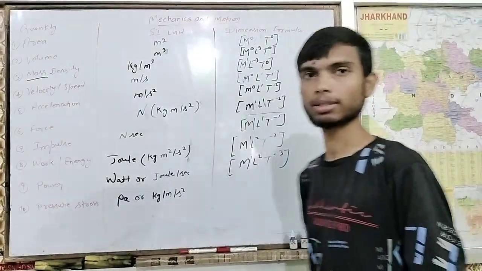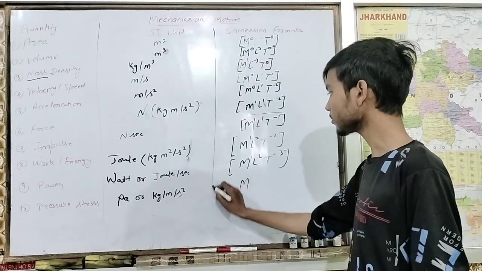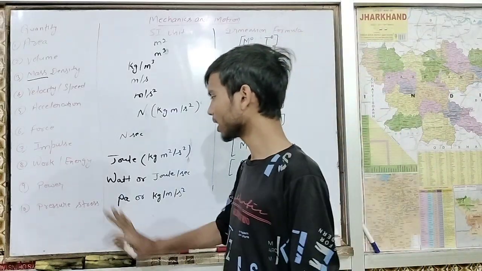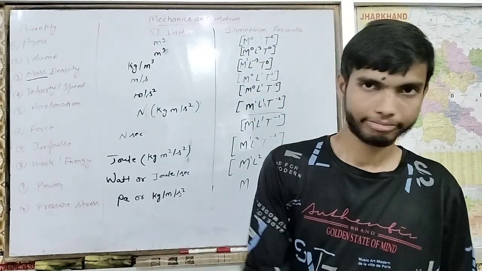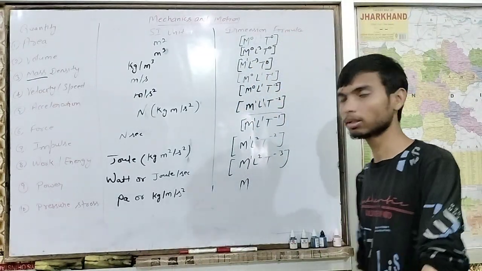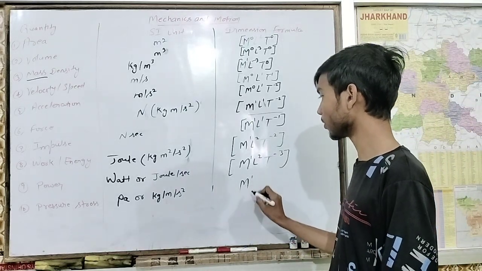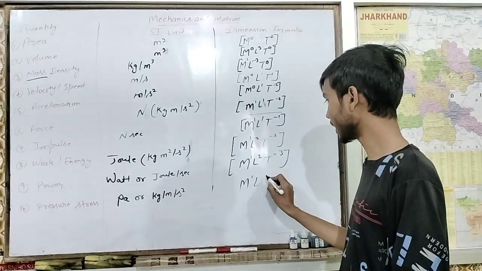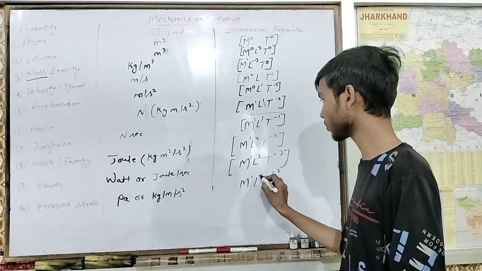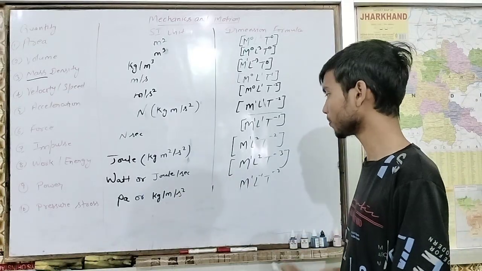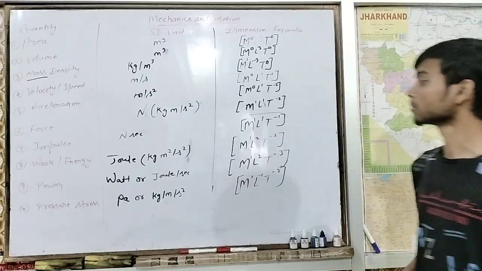Per means denominator. Either you can say the SI unit of pressure is Pascal or kg per meter per second square. So here M1, L minus 1, and T is minus 2, but here L is minus 1 because this is per meter. This is the complete dimension formula.